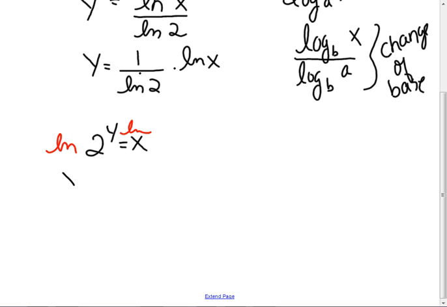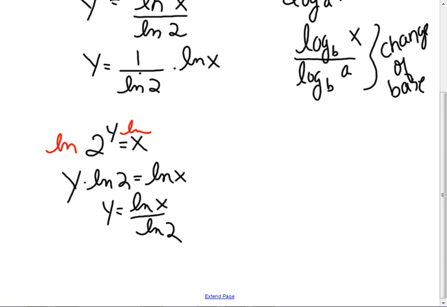And this becomes y times the natural log of 2 equals the natural log of x. So y is equal to the natural log of x divided by the natural log of 2. That's what I do. I rewrite it as an exponential, and then I natural log both sides. Or you memorize the change of base formula. I've memorized it now, so I've become acquainted with it.